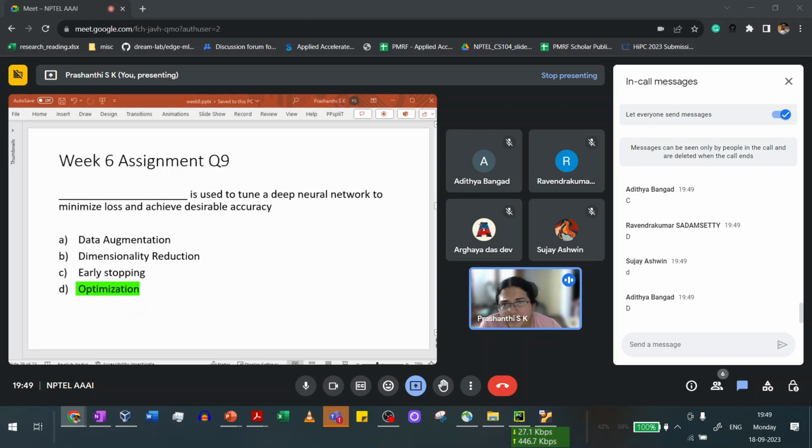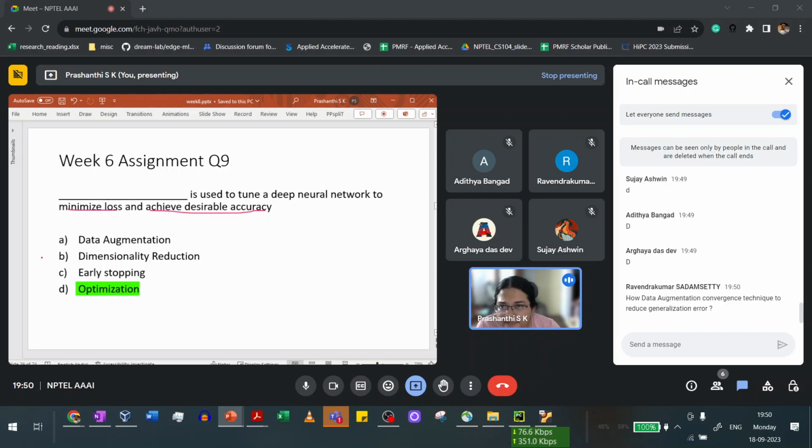Yes, it is optimization. So it's an iterative process that keeps trying to minimize loss, the different forms of loss as we looked at in the previous lectures, and the idea is to achieve a certain accuracy, 90%, 95%, some measure like that, right? So that is optimization. Dimensionality reduction is completely different.